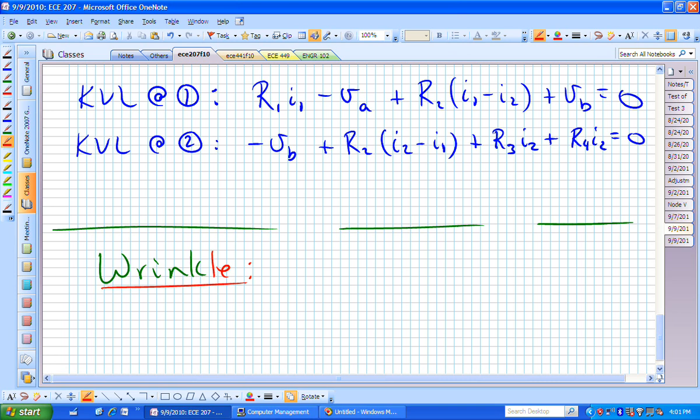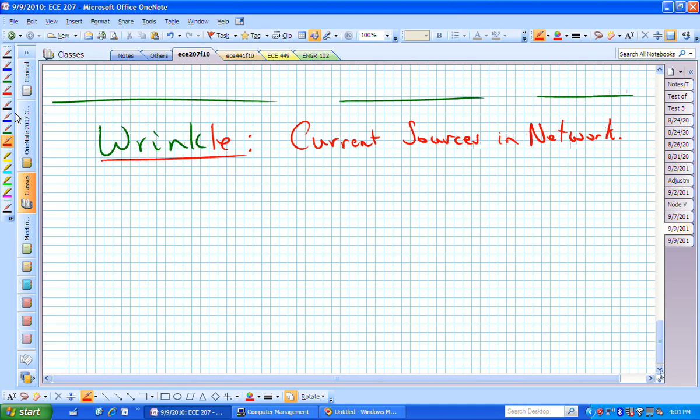Let's look at the wrinkle, which is when we have current sources in the network. And we'll do this via an example. Here's, let's say, V sub A, R sub 1 across the top, then a dependent, what kind of a source is that?